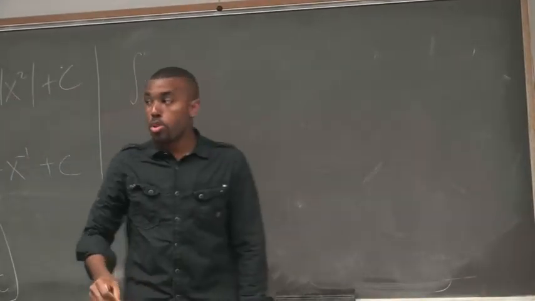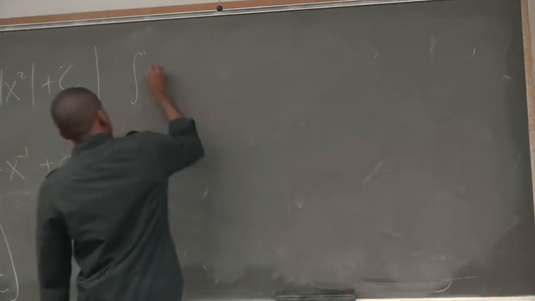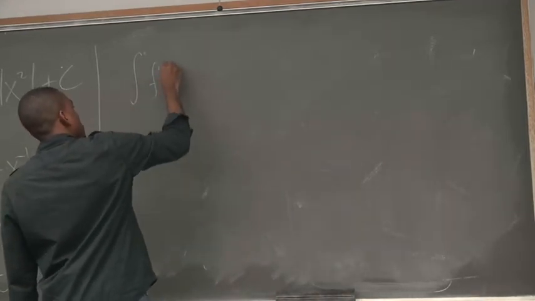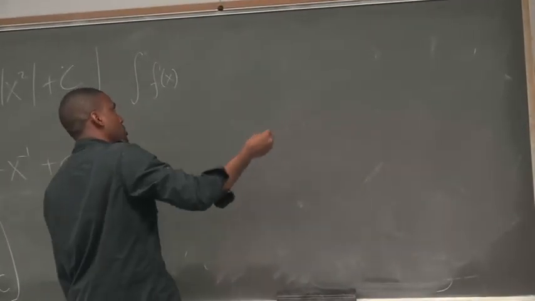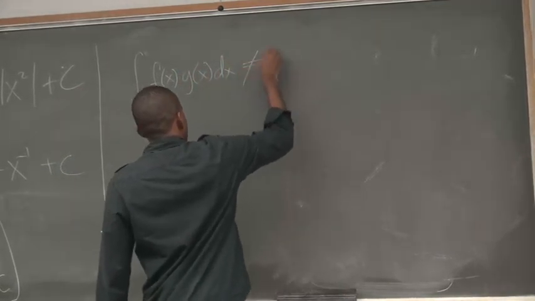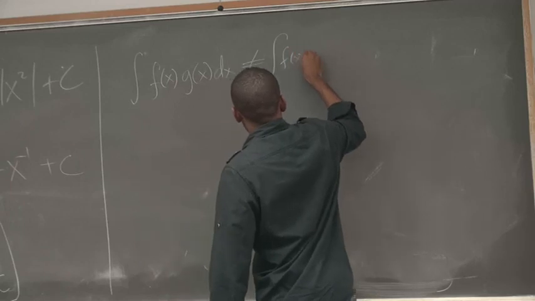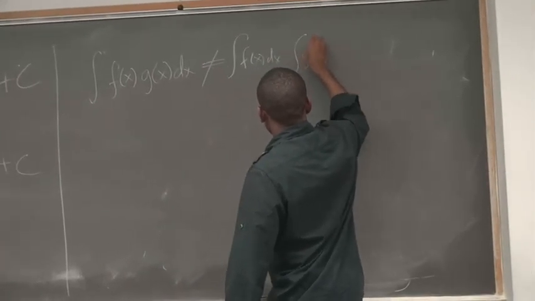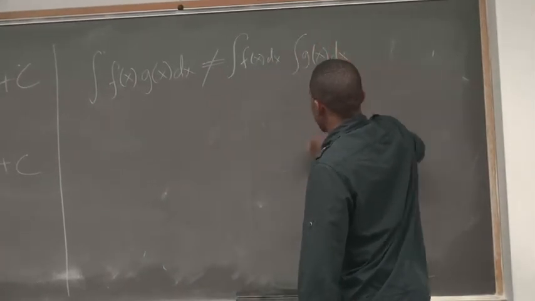I expect you to remember the product rule for integrals and derivatives, which for integrals is called integration by parts. So if you see something like this, it's not the same as you just integrate the f and then you multiply by the integral of the g. Right?